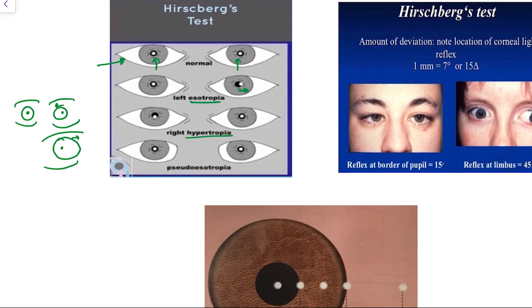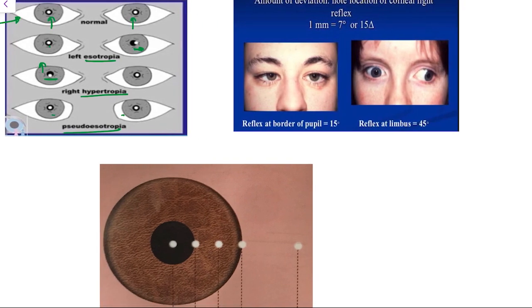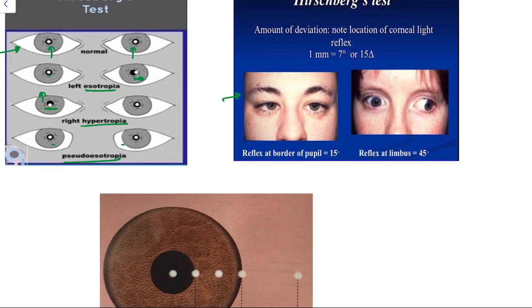So here for the hypertropia, because the eye has moved up, like in this diagram you can see the eye has moved up, so the reflex will appear to be on the lower side. In pseudoesotropia, reflexes are in the center like this. So here you can see in this eye, the reflex is at the pupillary border. Here you can see the reflex is at the pupillary border.